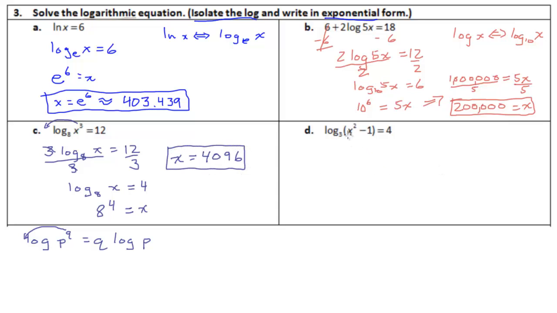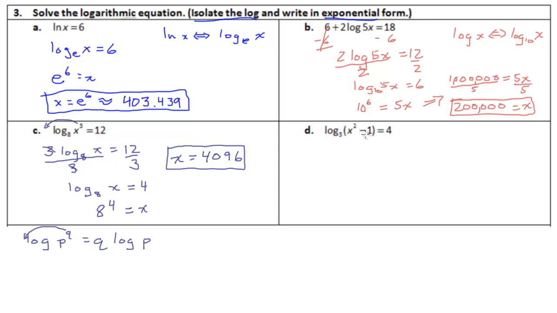All right, and on the last one, this is isolated when we have a log of an expression that is a sum or a difference. We can't break that apart, and only if there was a log out in front of this minus 1 and it wasn't in parentheses would it be legitimate to call that division.